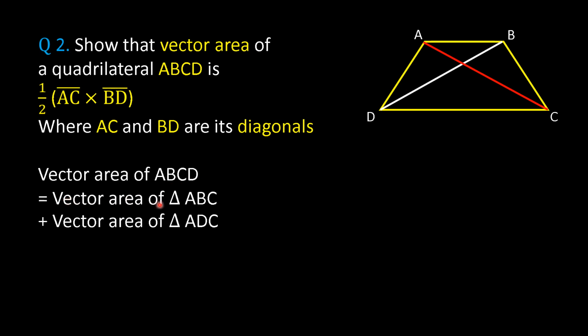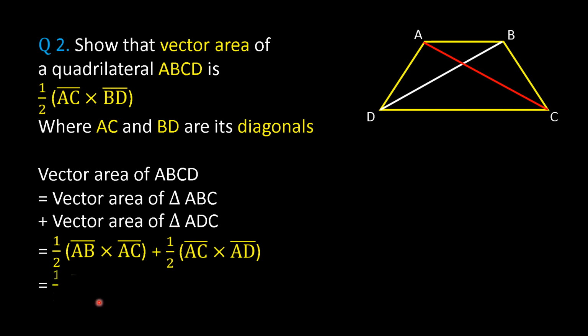Now, vector area of triangle ABC is half times AB bar cross AC bar, where AB bar and AC bar are the coterminous edges of triangle ABC, and vector area of triangle ADC will be half times AC bar cross AD bar, where AC bar and AD bar are the coterminous edges of triangle ADC. It will be half times (AB bar cross AC bar plus AC bar cross AD bar).